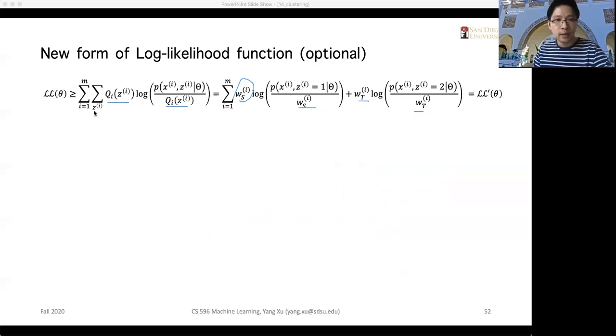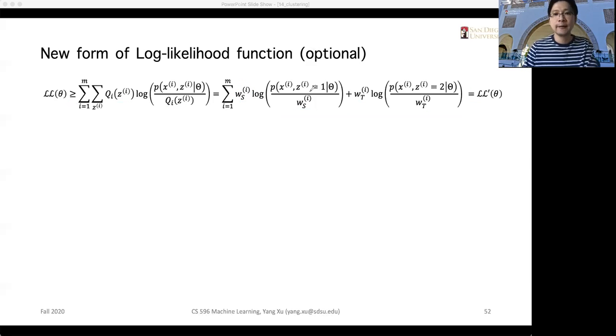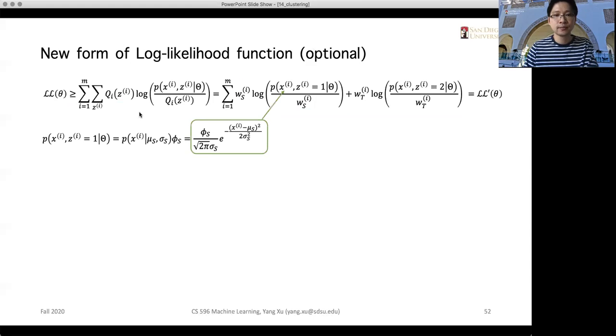Also, this is an inequality because this is the lower bound of the original log likelihood, and we write this explicit term as the log likelihood prime, because it is not the actual log likelihood, it's still the lower bound. But we are happy with it now because there are no annoying unknown variables, no Qs.